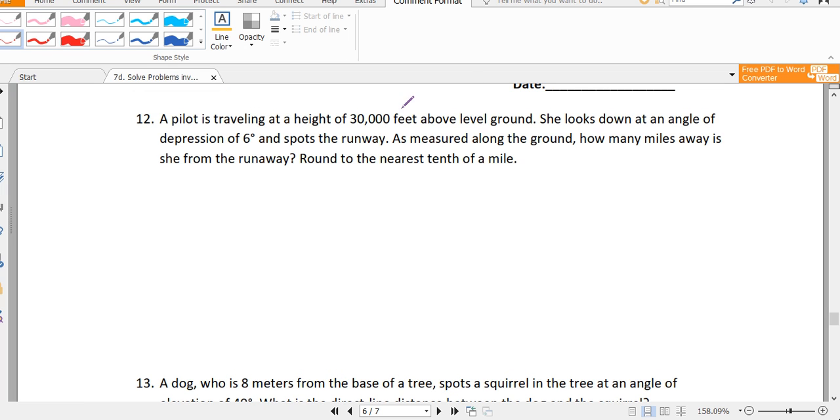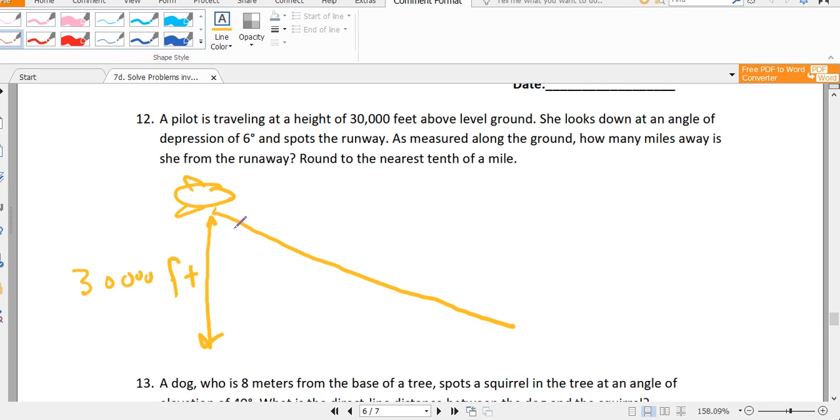Again, this one's tricky when it comes to the angle of depression. So a pilot, here is a plane traveling at a height of 30,000 feet above level ground. She looks down at an angle of depression of 6 degrees. Now, a lot of people will assume that 6 degrees goes there. No, you got to think from the perspective of the plane. So if you are in the plane and you look straight ahead, and then you tilt your head down, so then this angle here would be 6 degrees.